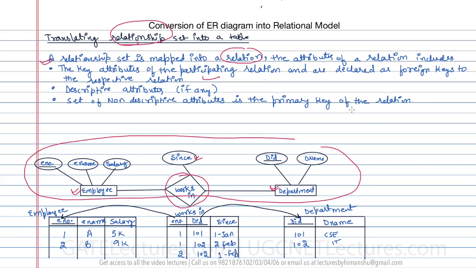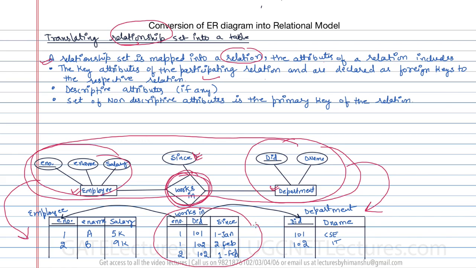So what do I mean by this? Here you can see what the relationship is: works in is the relationship. We can easily create a table for the entities that we have created here. But works in is a relationship, and this relationship has an attribute. For a relationship you have to create a separate table, and this table will contain a foreign key from both the entities which are participating in the relationship.